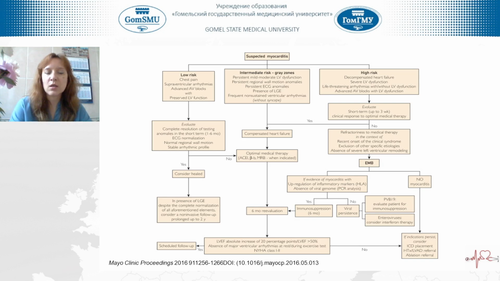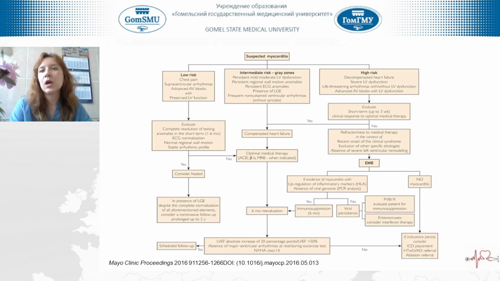You can see the algorithm here. A patient in the so-called gray zone, intermediate risk, can have persistent mild to moderate left ventricular dysfunction, persistent regional wall motion abnormalities, persistent ECG abnormalities, results of LGE, frequent non-sustained ventricular arrhythmias without syncope.